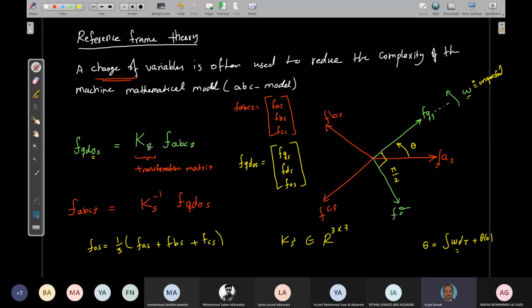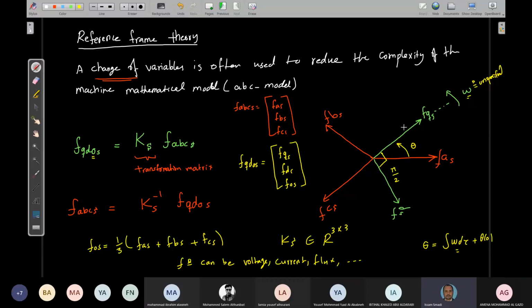So now let's see. I will recall F can be anything. F can be voltage, current, flux, and so on. So in order to write the thing in compact form, okay.